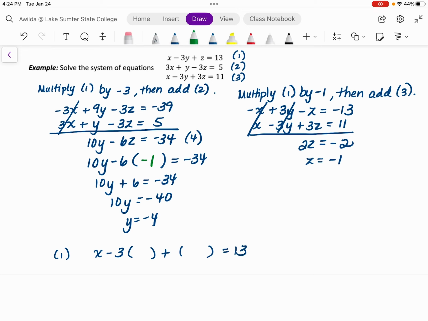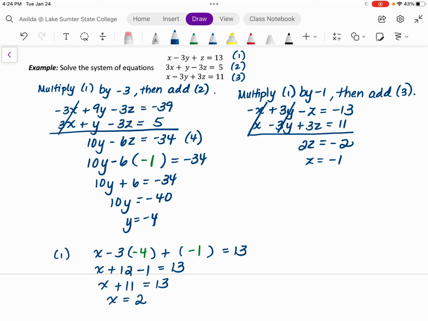I know that the value of y is negative 4. Let me substitute that in. I also know the value of z is negative 1. So let me simplify what I have in order to solve for x. I have x plus 12 minus 1 equals 13. x plus 11 is equal to 13. Subtracting 11 from both sides, we get that x is equal to 2.